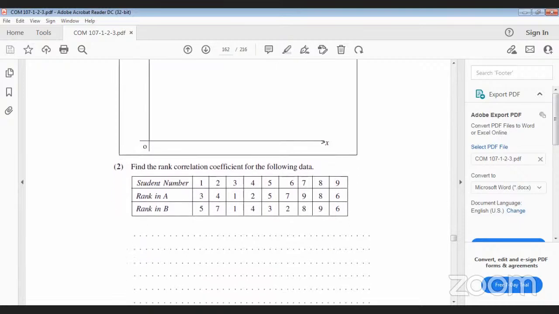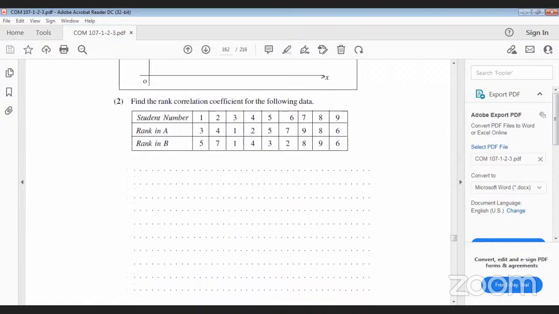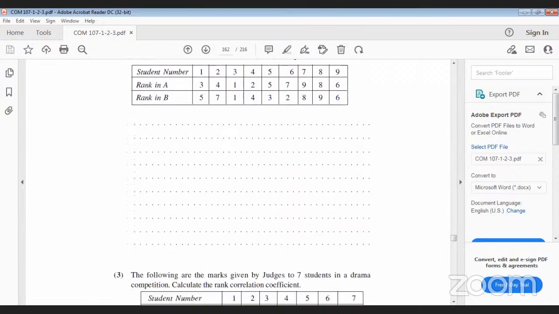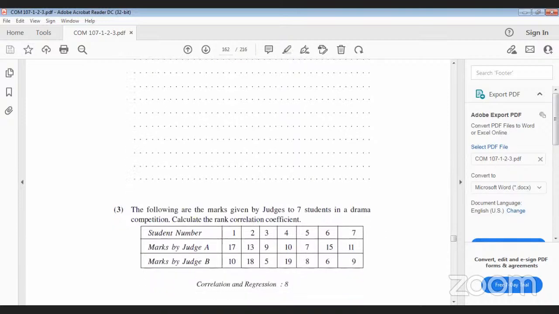Now for the third problem, there is also a third question here. Following are the marks given by judges to 7 students in a drama competition, so n is equal to 7. Now calculate the rank correlation coefficient. The students are numbered 1, 2, 3, 4, 5, 6, 7.